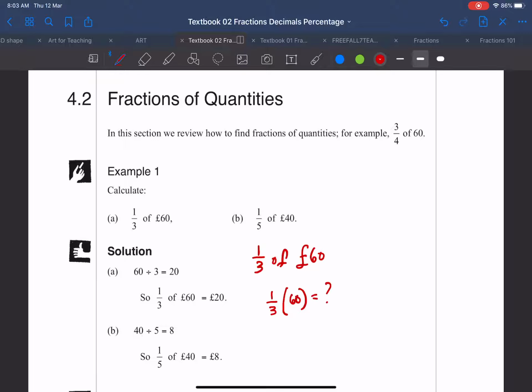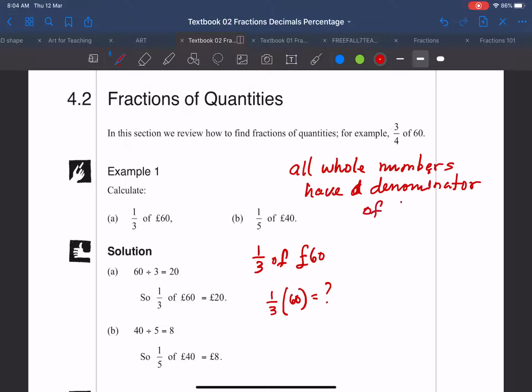Now, as you know, all whole numbers, meaning not fractions, not decimals, have a denominator of 1. So really, this is 60 over 1.